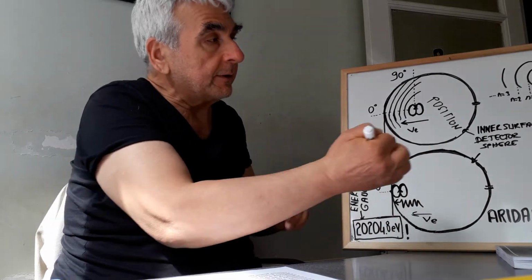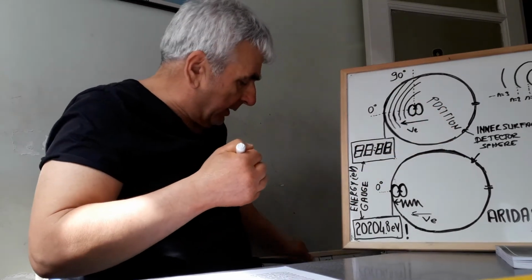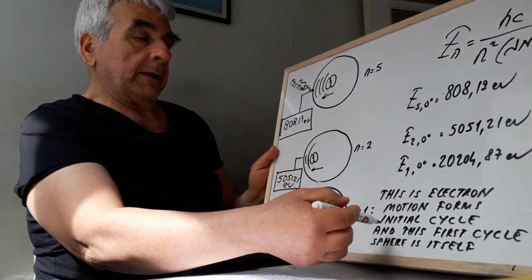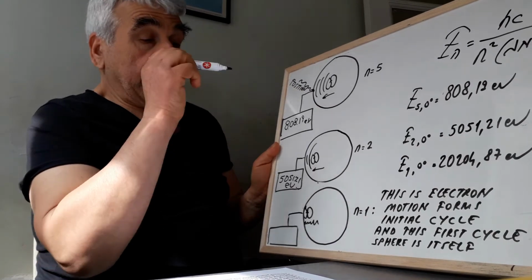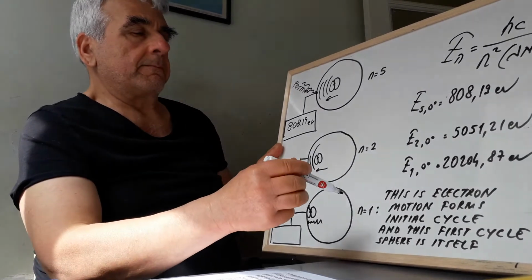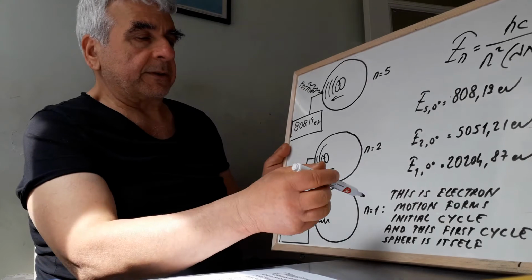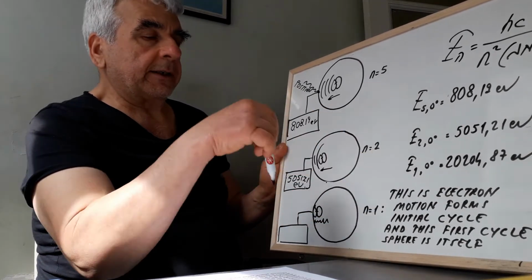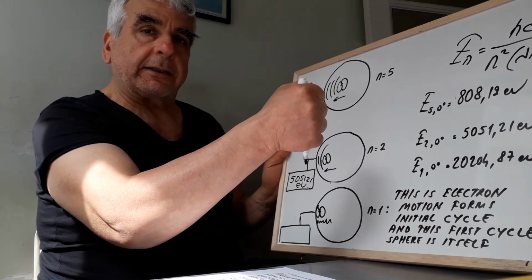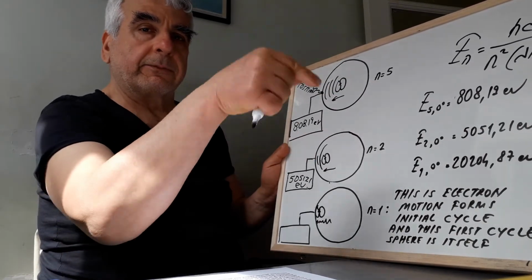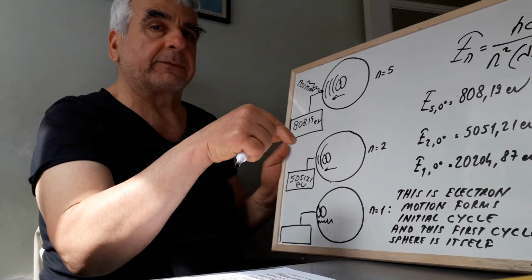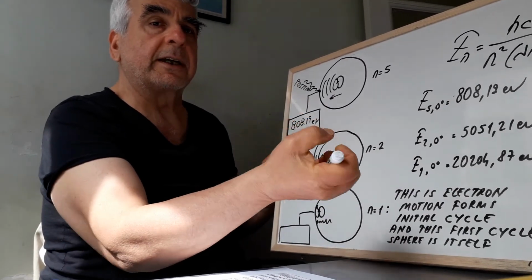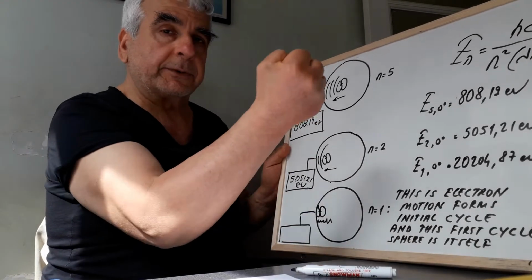This is the electron. An electron motion form is, when its initial cycle, it is itself. First cycle, first wave is itself. This is the electron motion form. First sphere, as a first sphere.